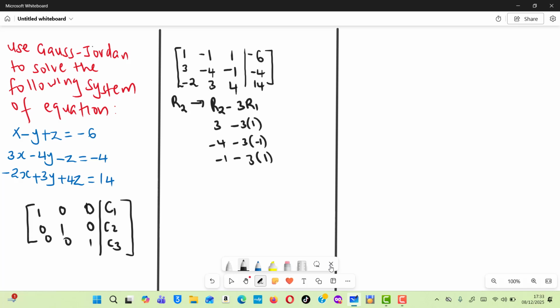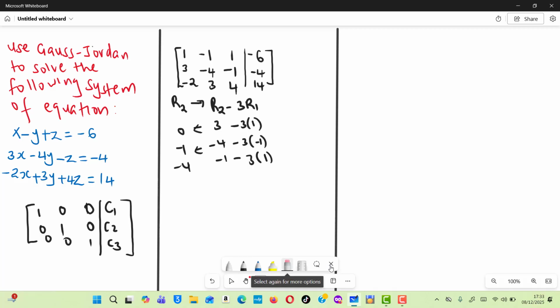In that case, this will give us 3 minus 3, which is 0, and then we have -4, and -3 times -1 will be plus, so -4 plus 3 will be -1. Then here we shall have -1 minus 3, which is -4. So our row 2 will be 0, -1, -4.